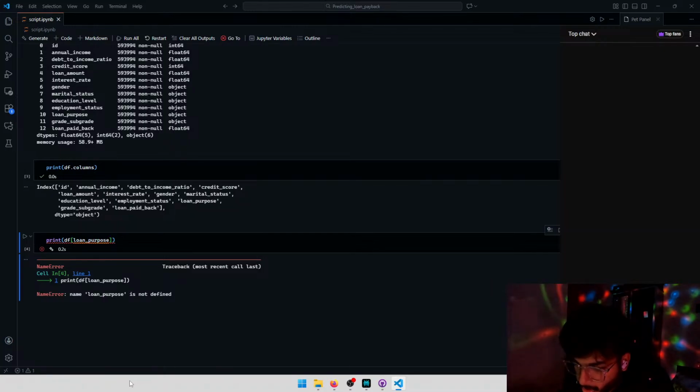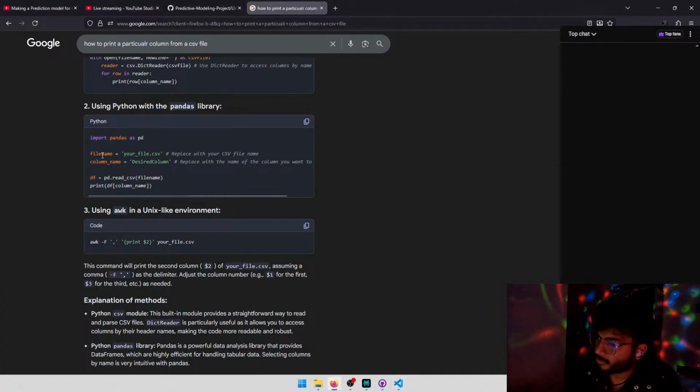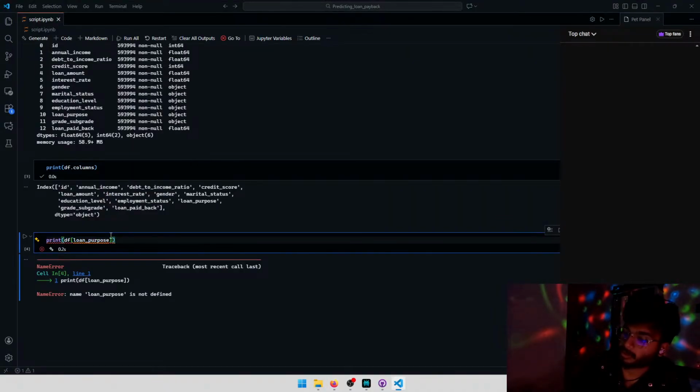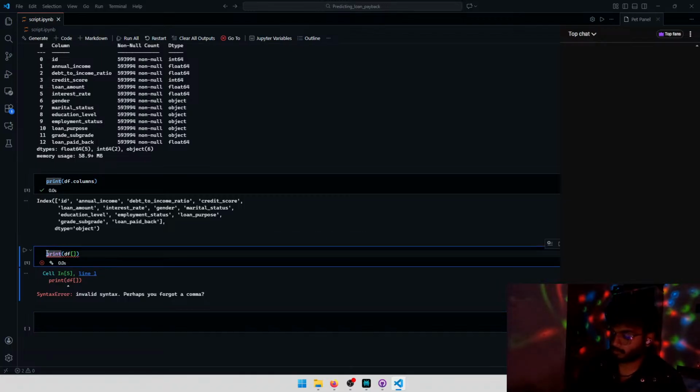Loan purpose is not defined. File name, column name, desired column is of a specific name. Print. Okay, the column name is now defined. Cut this and delete.